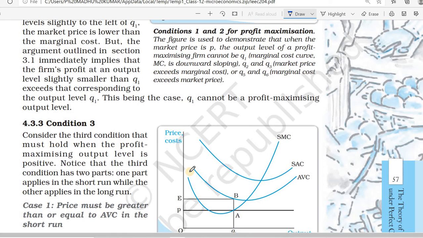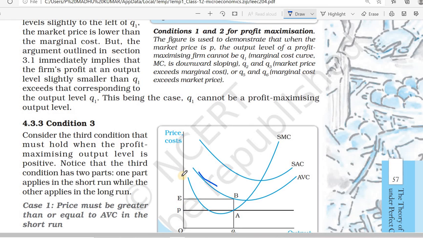We know in the short run we calculate average variable cost, and in the long run we calculate average cost. So price must be greater than or equal to AVC. This is the price, and it should be above. Here the AVC line is below the price line. This is condition 3.